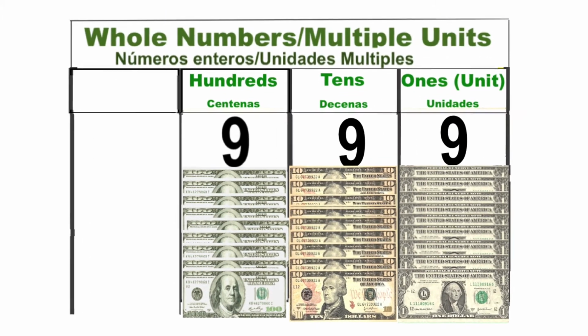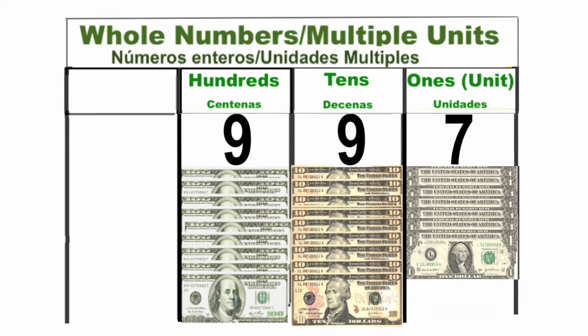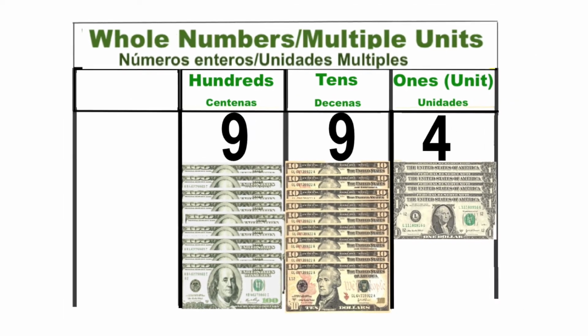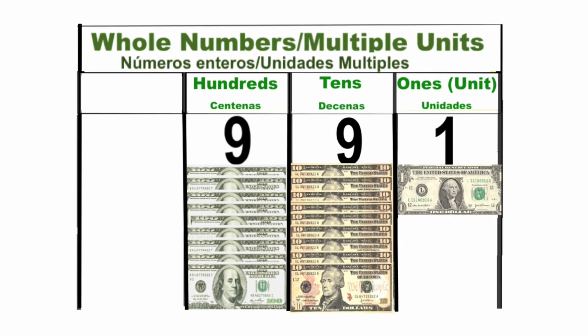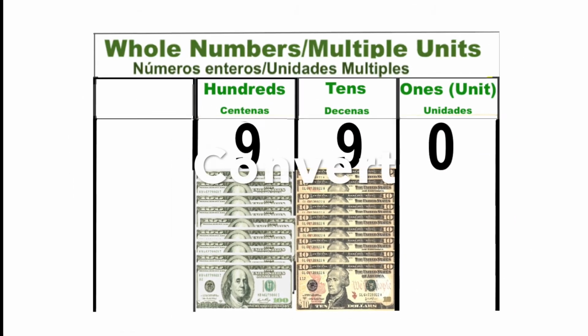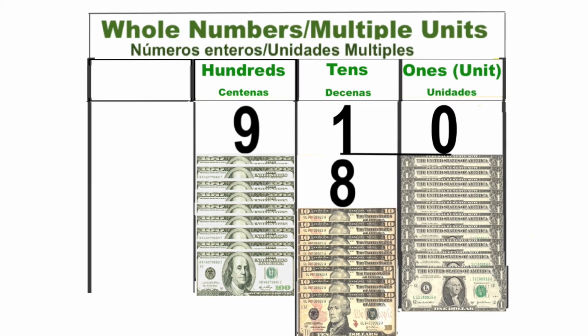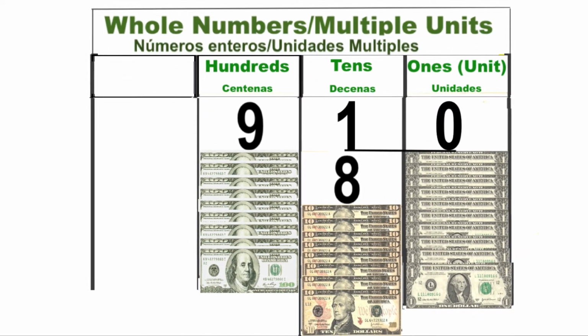Countdown. 999, 998, 997, 996, 995, 994, 993, 992, 991, 990. Convert 1 ten to 10 ones for a total of 900, 8 tens, 10 ones.